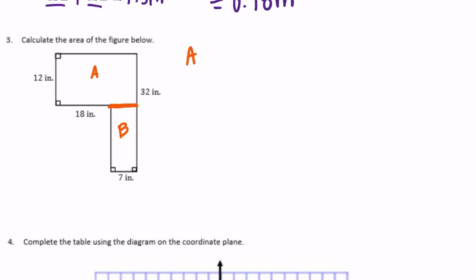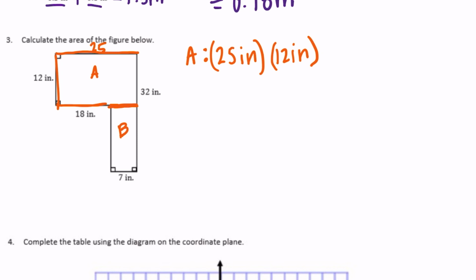So A, rectangle A, the area would be, let's see, base times height. So here's the base. The whole thing would be this 18 plus 7. So 18 plus 7 would be 25. So we have 25 inches times the height is 12 inches.